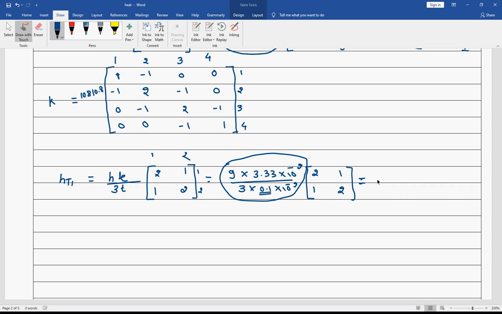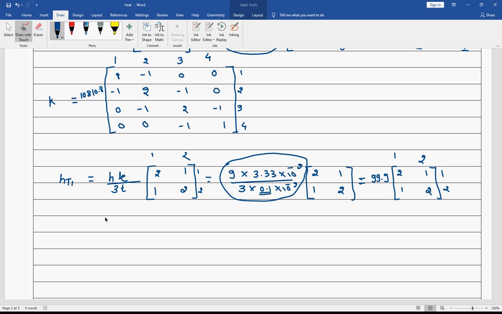So 99.9. So I got 99.9 times 2 1, 1 2, from the connectivity table 1 2. Clear?